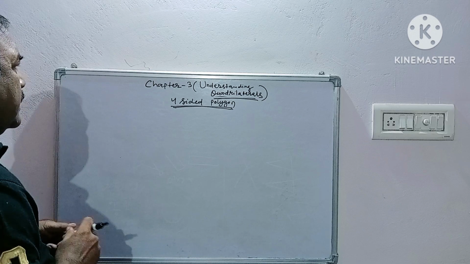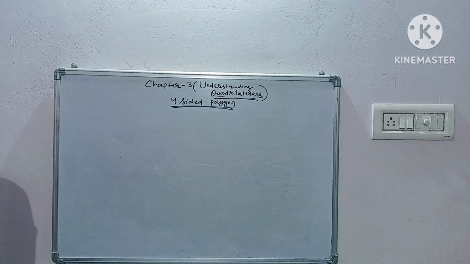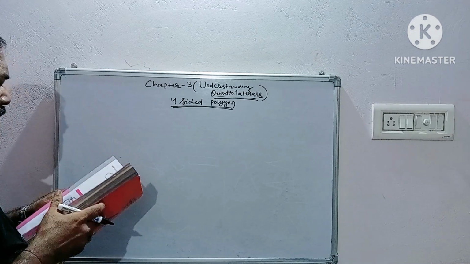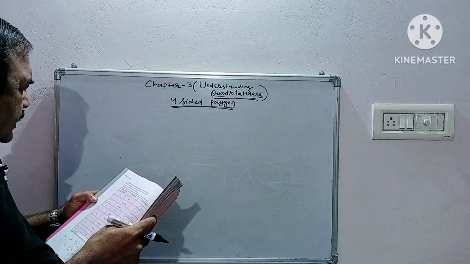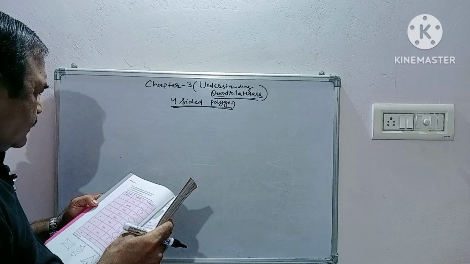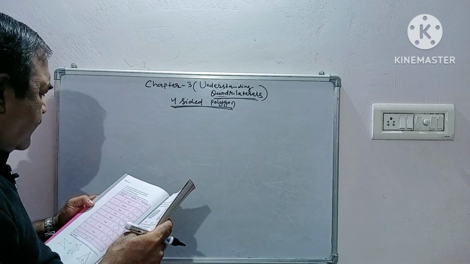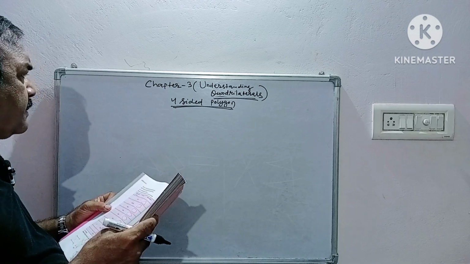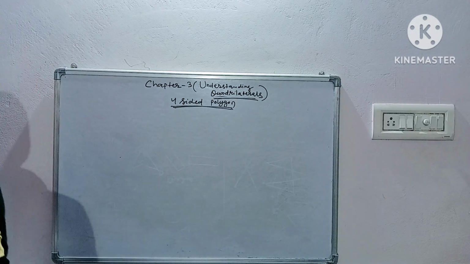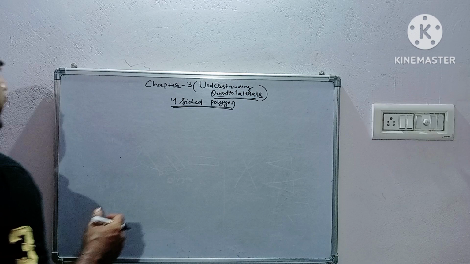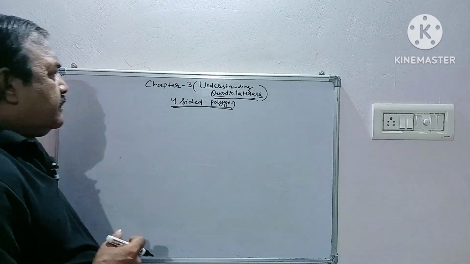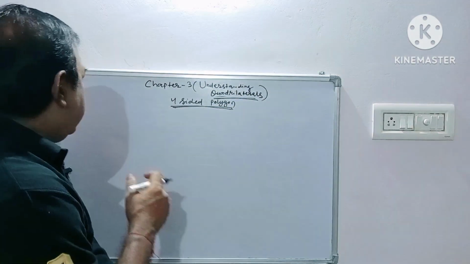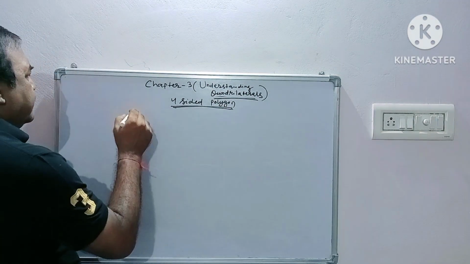So we will classify polygons according to the number of sides or vertices. So the simplest polygon is the triangle.